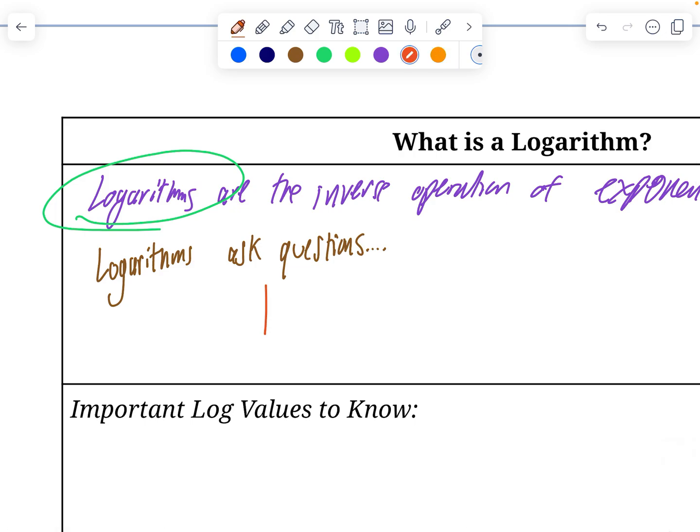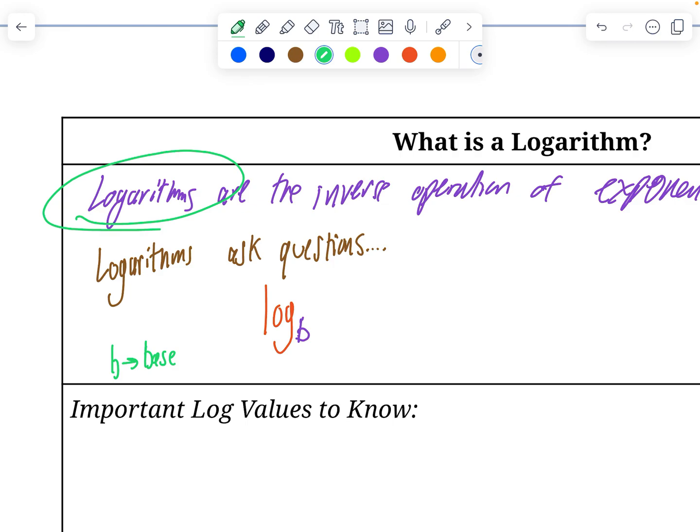So here's what a logarithm looks like. You have a log. That's just the operation. It's kind of like the square root symbol. You have a number down here. It's called the base. It is small, just so you know. So it's kind of like an exponent, and it's smaller than the other numbers, but it's not above, it's below.